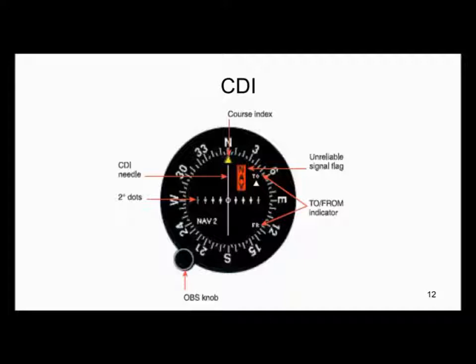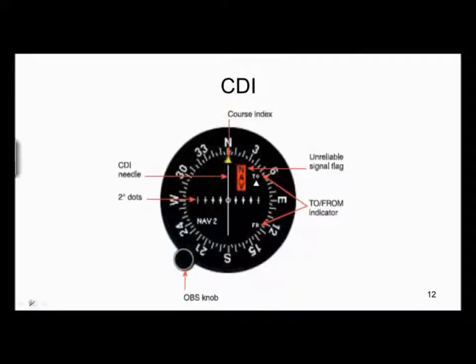When the needle deflects to the left or deflects to the right, like for instance. Okay. We got the OBS knob, the Omni bearing selector. Probably nobody will ask you what OBS is. And look, there's an off flag. It ain't working. And of course, the to from indicator, which we're very familiar with now.